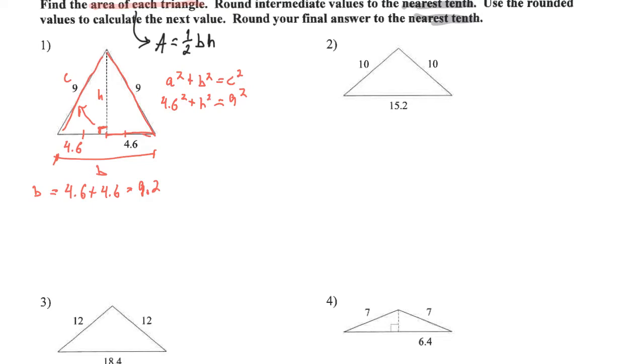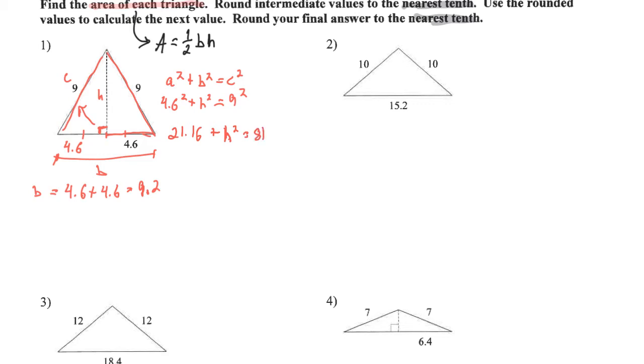So once I solve this, then I'm going to have the height, and then finding the area is a piece of cake. So I'm going to square the 4.6. So that's 4.6 times itself. So that's going to be 21.16 plus h squared equals 81. 9 squared is 81.